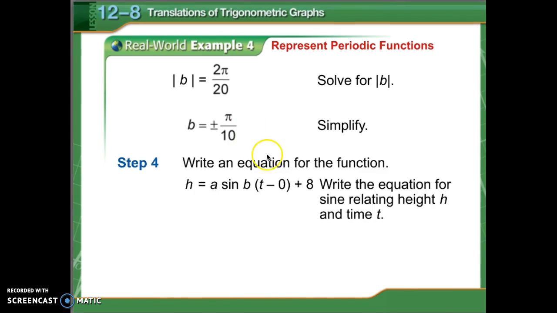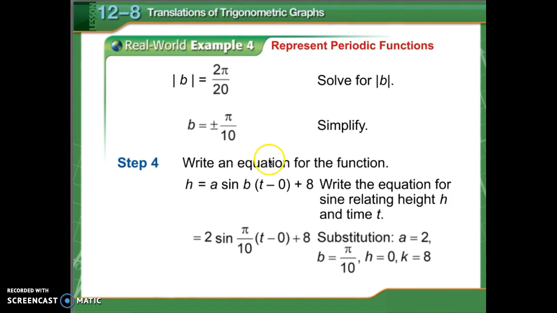And then step 4, we need to write our equation. Oh no, sorry, h is the height of the wave, t is the time. They're just using t and h as our variables here instead of y and theta.